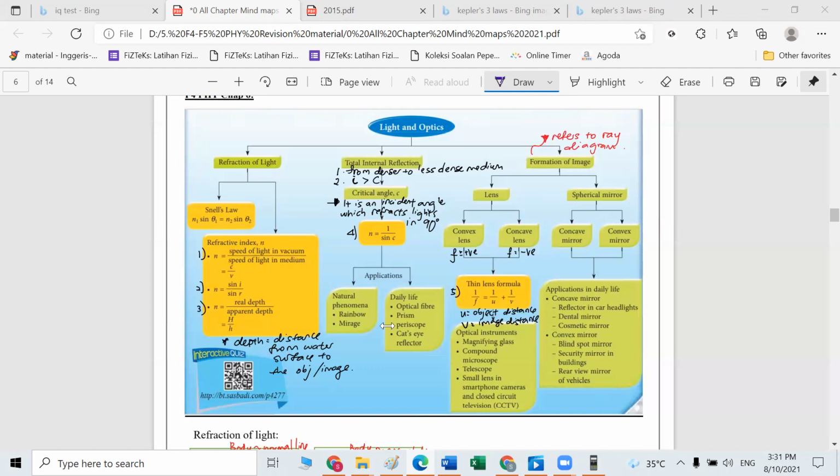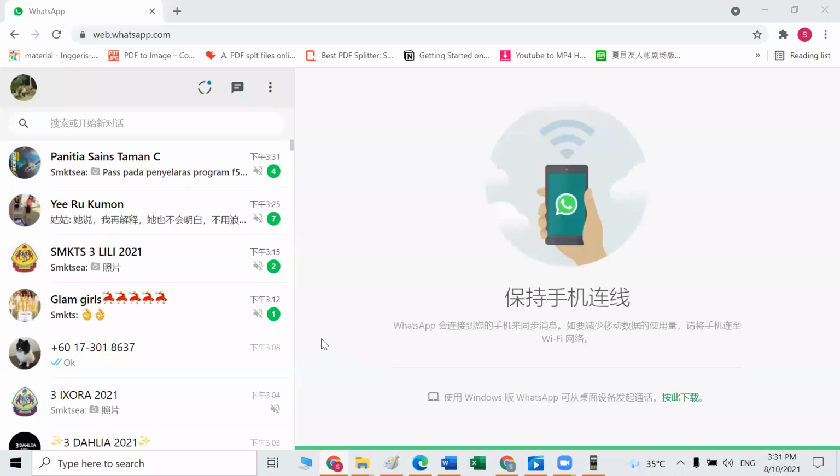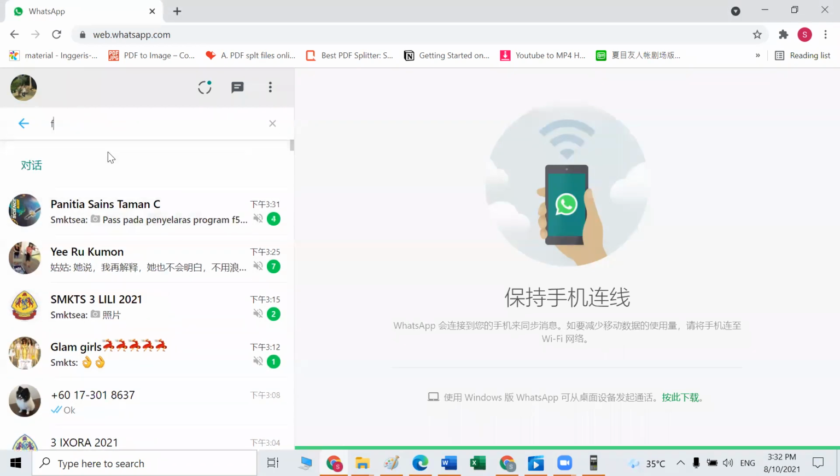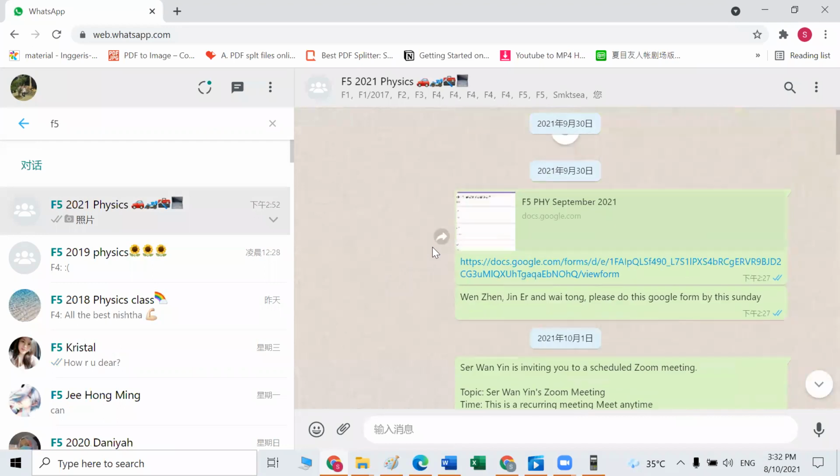Wenjun, Weitong, have you done the Form 5 test? Oh, good. 32.